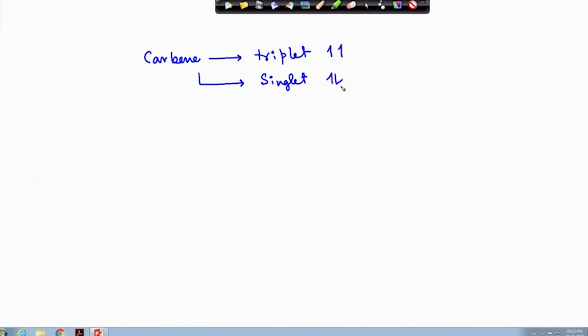Okay. Now the next question that comes to our mind is which type of carbenes will be triplet and which kind of carbenes will be singlet. In general, triplet carbenes have higher bond angles, 130 to 150 degrees, whereas singlet carbenes have bond angles of 100 to 110 degrees.